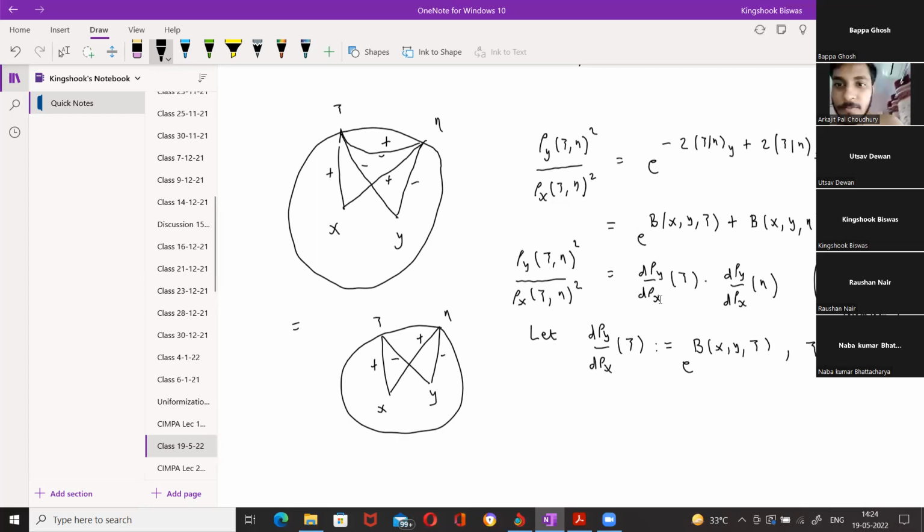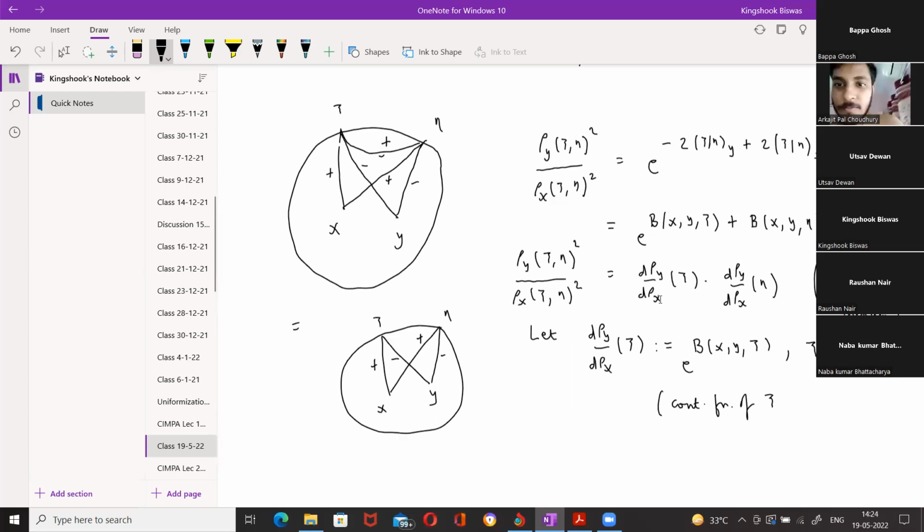Why do I want to call it that? First of all, this function will actually be a continuous function of xi. That's not hard to see, but I don't want to spend time, so I'll just state this without proving. This is a continuous function of xi.